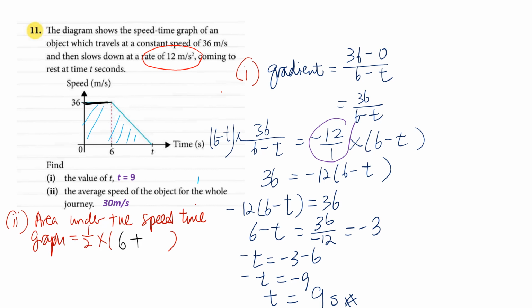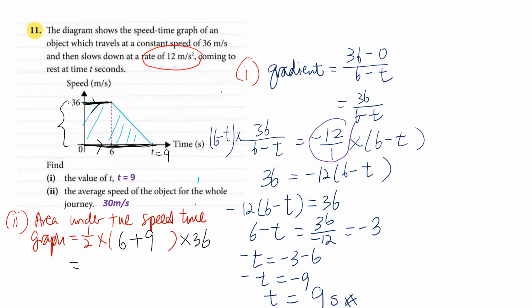Plus here, this is the second parallel side. Since we've already found the value of t, you can just let t equal 9. So the length of this line here is 9 times your vertical height, which is 36.